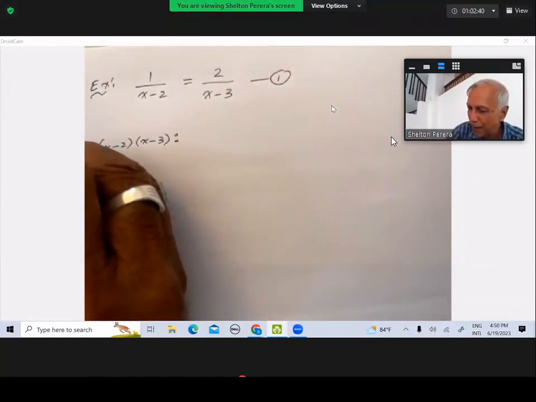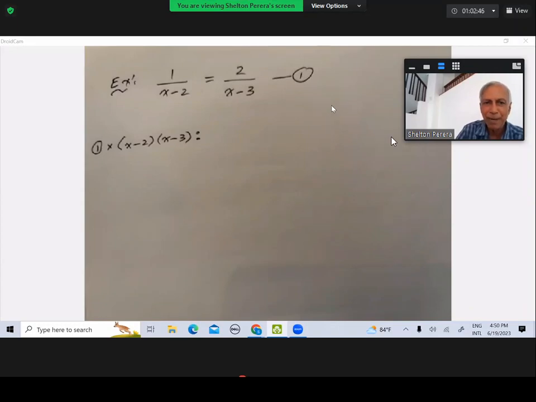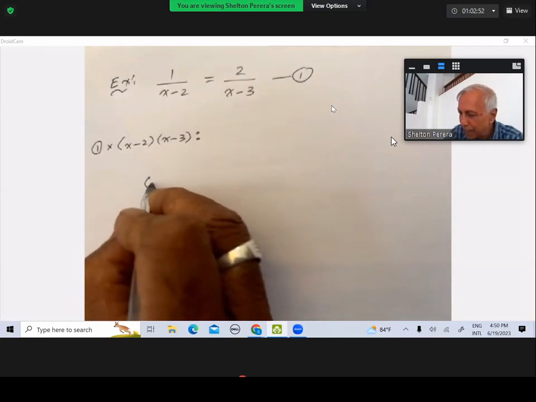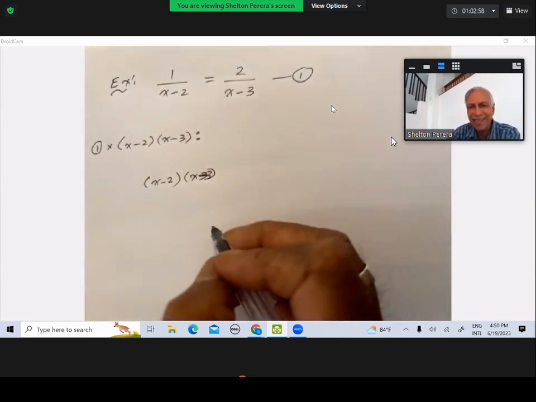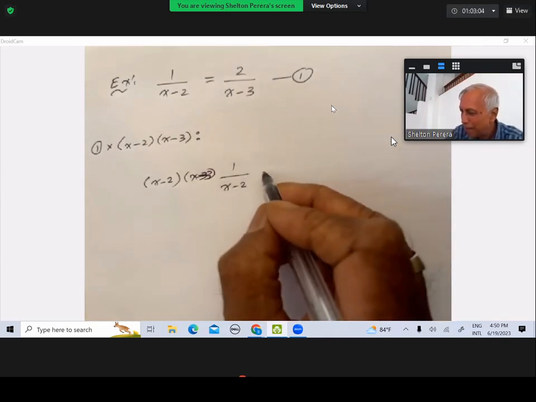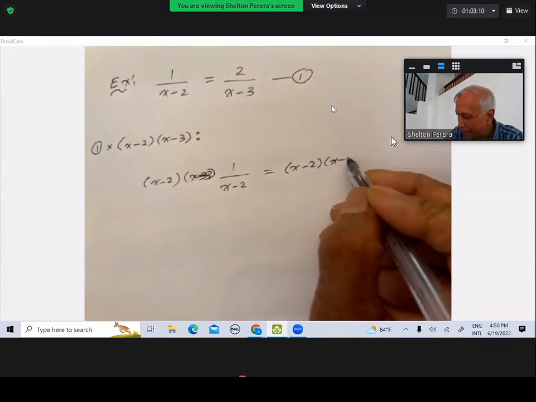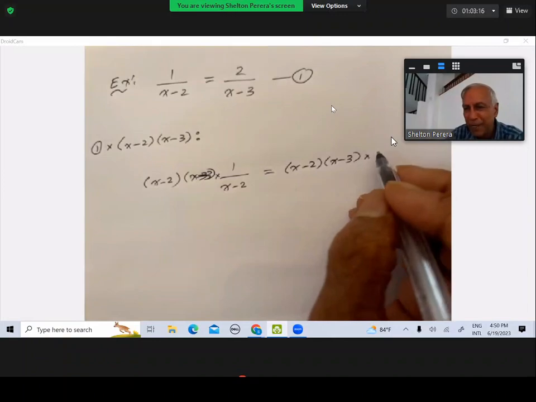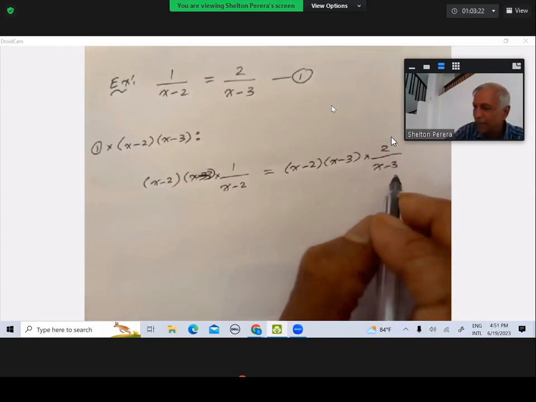Multiplication is commutative, so let us put it in front: x minus 2 times x minus 3 times 1 over x minus 2 is equal to, again, the other side should be multiplied by the same, times 2 over x minus 3.